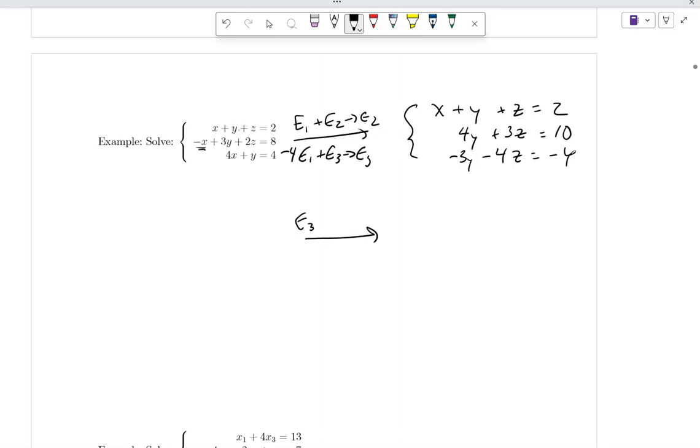We can do equation 3 plus equation 2 and replace equation 2. Obviously, that doesn't change the first equation because we're not doing anything with the first equation, right? And again, since we're replacing equation 2, we're not changing equation 3 at all. What does the second equation become?